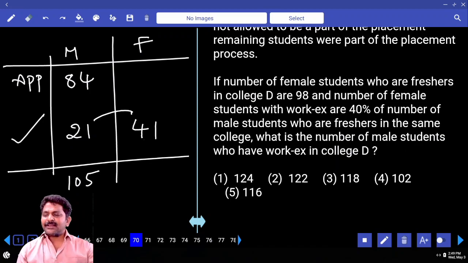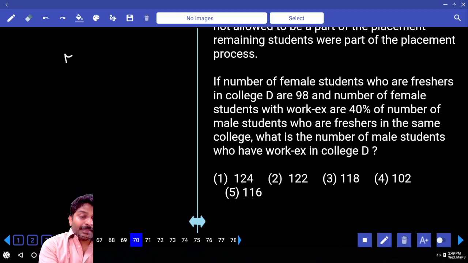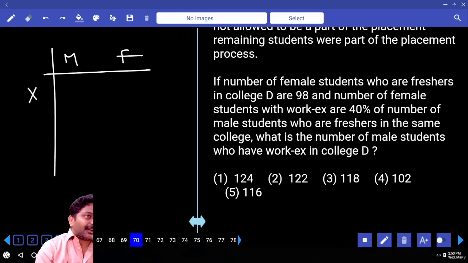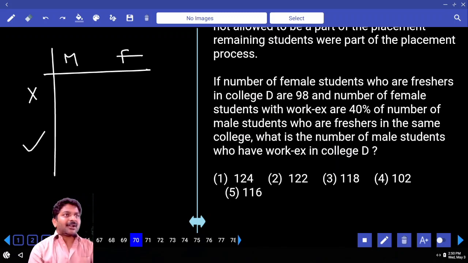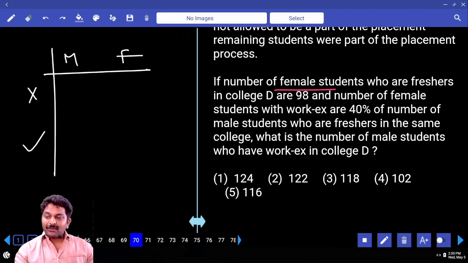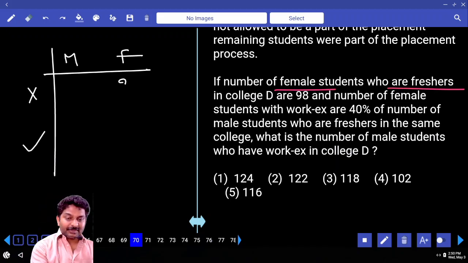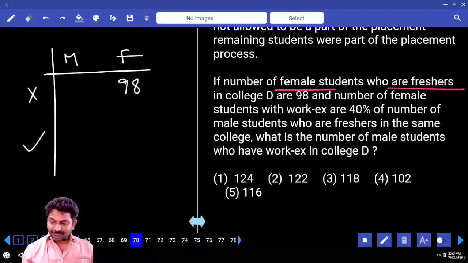If the number of female students who are freshers in college D are 98, male, female, freshers in the sense those who did not get a job, right? And then we also have those who got a job. Two categories: who got a job, who don't have a job. Now female who are freshers, 98.